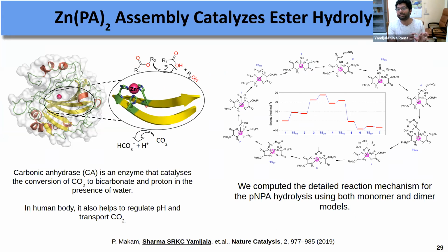This supramolecular assembly mimics the carbonic anhydrase activity, where carbonic anhydrase is an enzyme that is present in various organisms, including humans, and its main purpose is to convert the CO2 which is there in our blood into bicarbonate as well as protons in the presence of water. So it actually regulates the pH levels in our body, as well as helps us to exhale the CO2, so that it can pump the CO2 from the blood into the lungs.